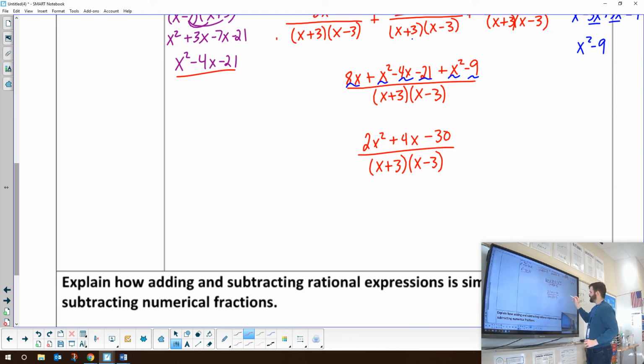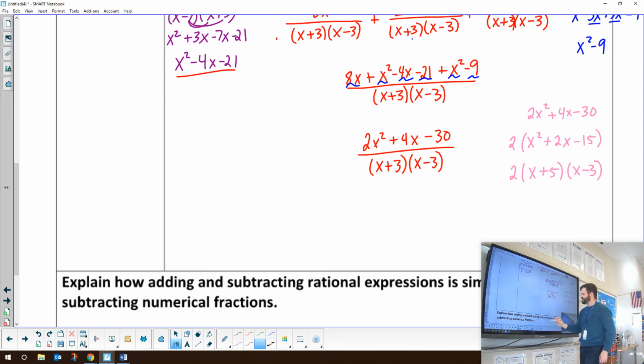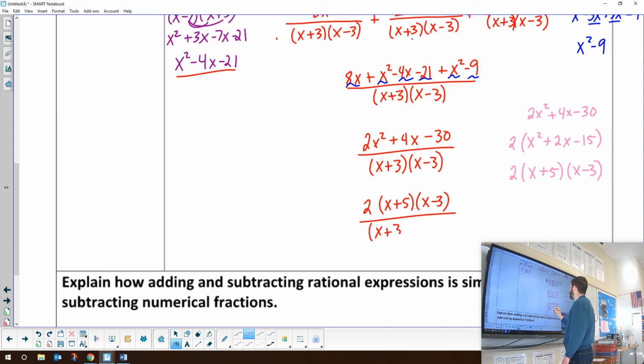So, let's take this off to the side. 2x squared plus 4x minus 30 has a GCF of 2. So it's going to be 2 times x squared plus 2x minus 15. Oh, it does look like I can factor. It's going to be 2 times x plus 5 times x minus 3. So I can factor this top to be 2 times x plus 5 times x minus 3, and that's over x plus 3 times x minus 3.